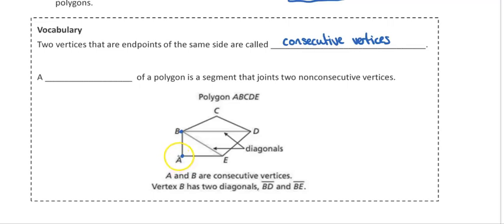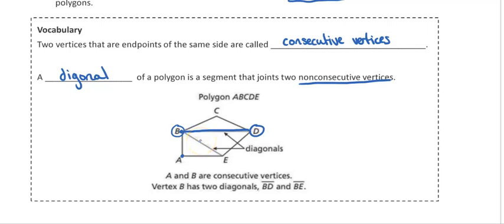So when you connect two non-consecutive vertices, for example B and D, it creates this line that goes across the shape, and that is called a diagonal. So a diagonal of a polygon is a line segment that is formed by connecting two non-consecutive vertices.